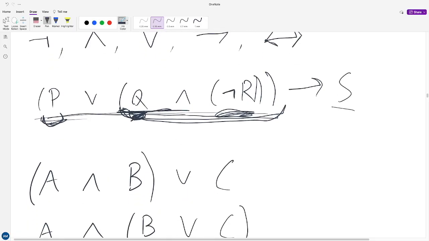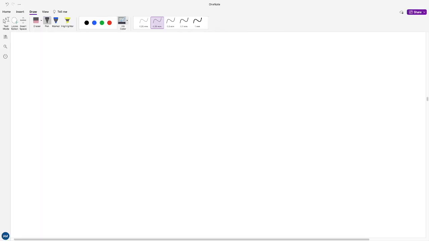Now let's get into what this statement means. So I'll draw it again right here, and I'm going to draw it with the parentheses this time.